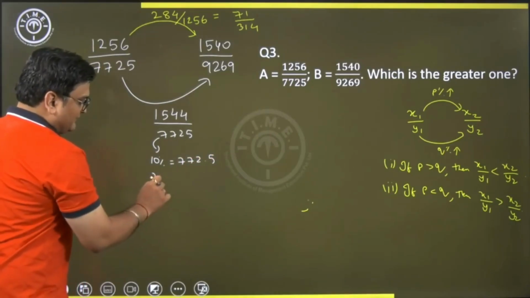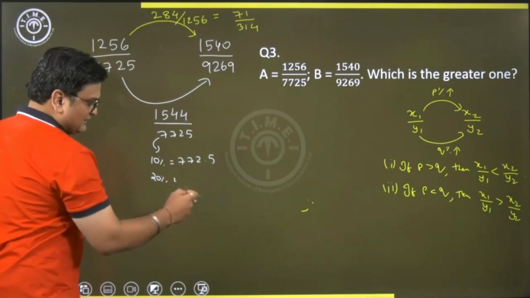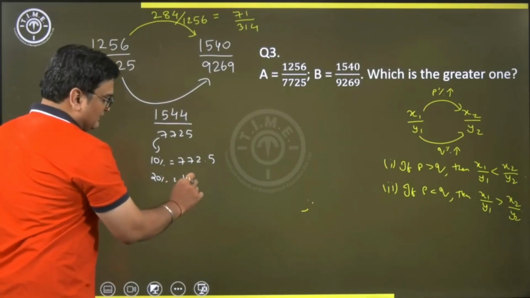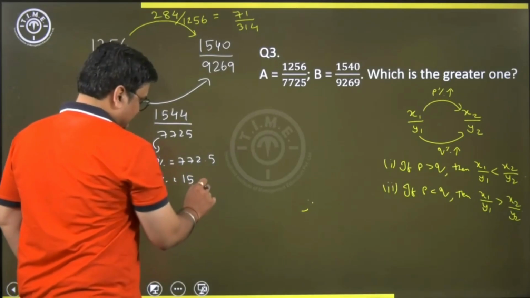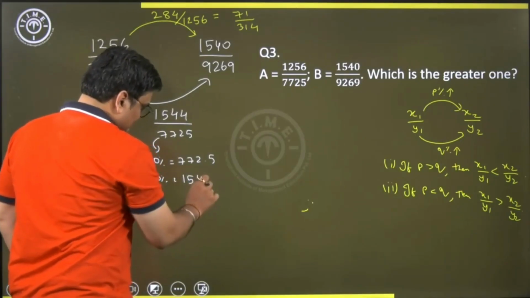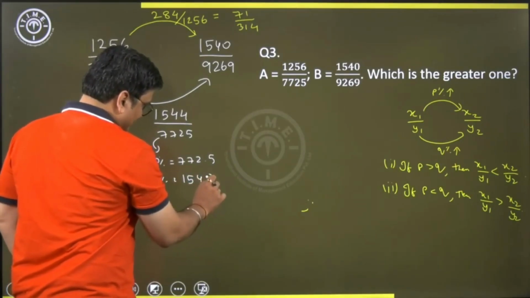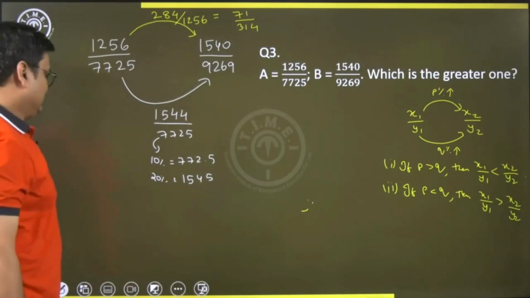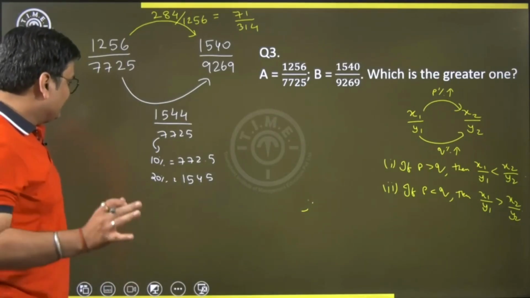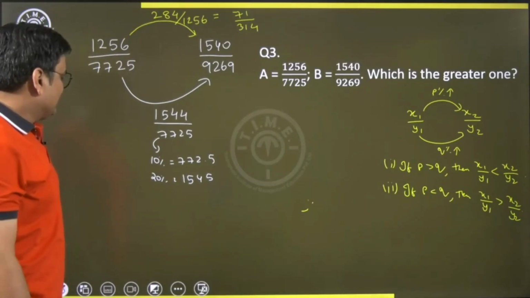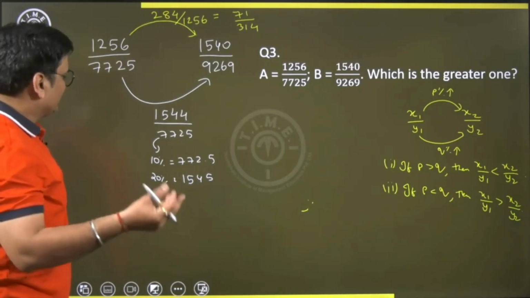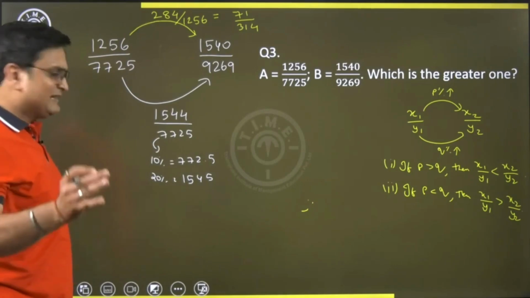Now what will be 20% of this value? Twice of this. So it's going to be 1545, right? Exactly 1545, I believe. 770 is 1540, 2.5 is 5, 1545, exactly 1545.